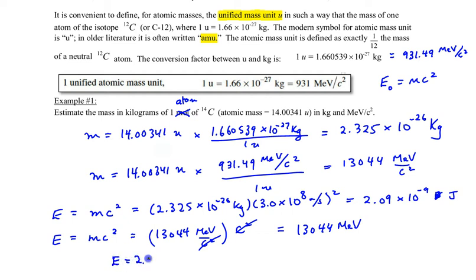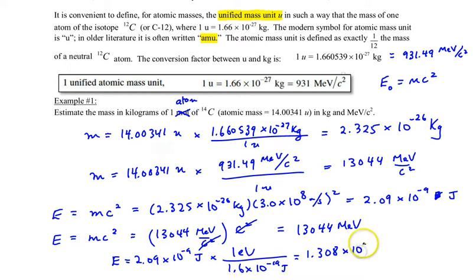Let's say we start with that energy at 2.09 times 10 to the power negative 9 joules, and we were to convert to electron volts. We would multiply by 1 electron volt per 1.6 times 10 to the power of negative 19 joules. An electron volt is the amount of energy the electron gains when it goes through a 1 volt potential difference. I get an answer of 1.308 times 10 to the power of 10 electron volts, which I can convert to mega electron volts by dividing by 10 to the power 6 electron volts, which gives me 13,080 mega electron volts.